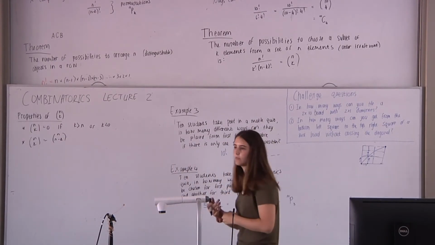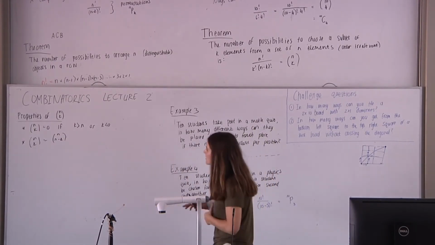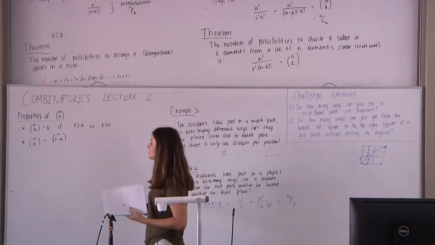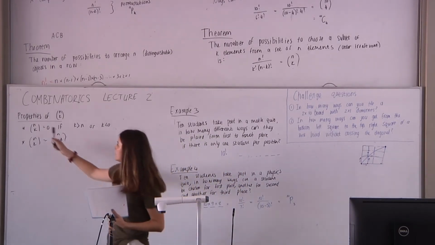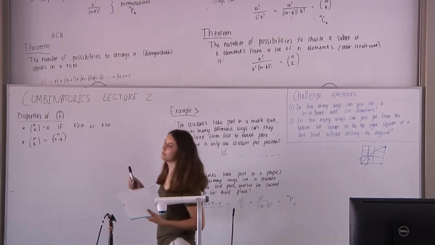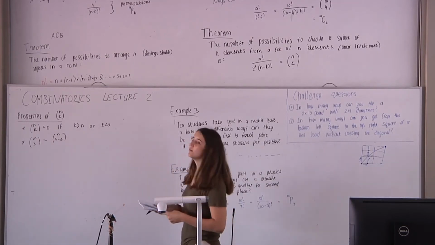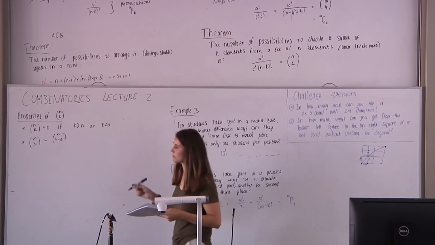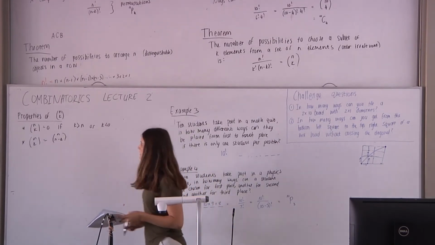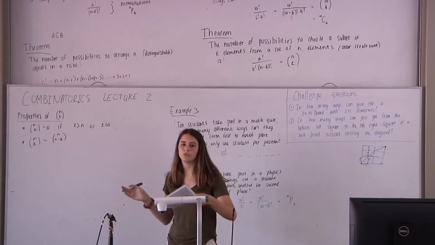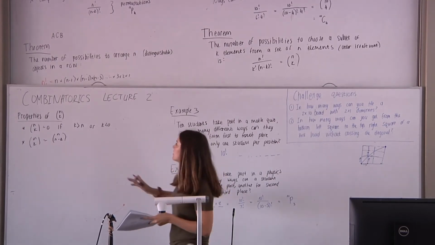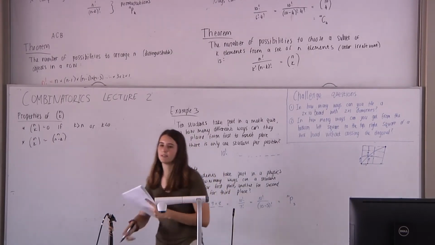That theorem is what we call the choose function, and there are 2 nice properties about it. The first is n choose k is 0 if k is greater than n or if k is smaller than 0. We see this as a set of n from which you want to choose k elements. You cannot do that if k is greater than n.